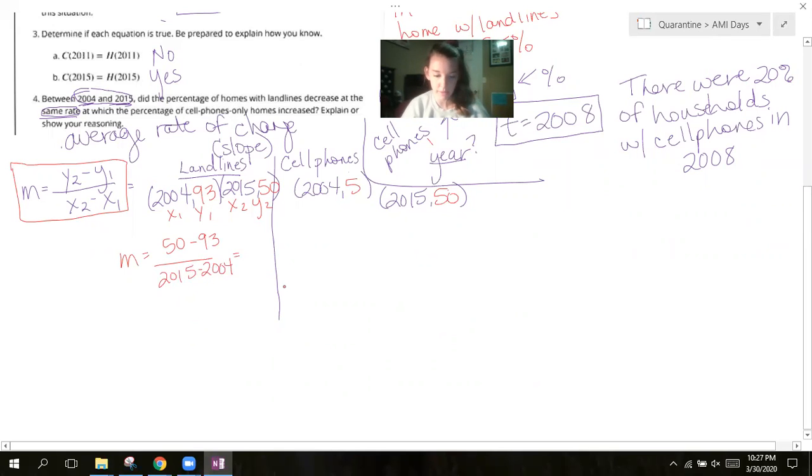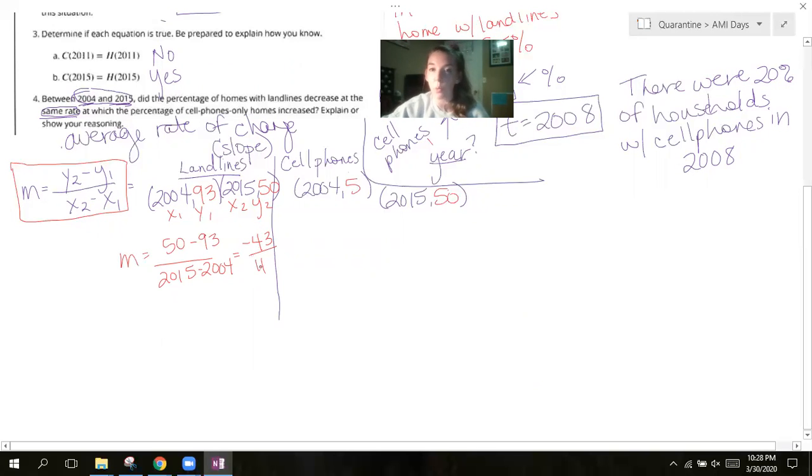So that is going to be negative 43 over 11, which tells me the slope, but to find the rate, that tells me that it's dropped 43% over 11 years.